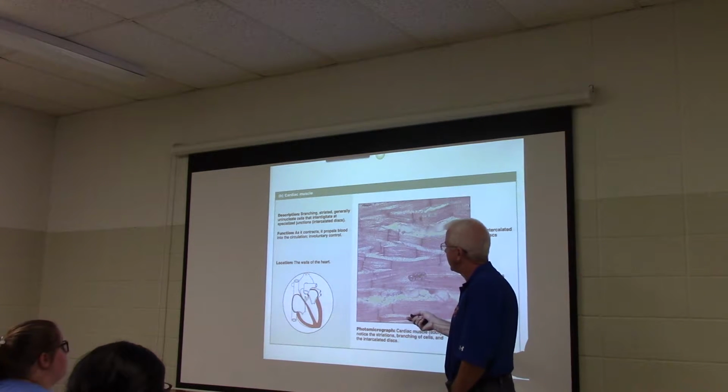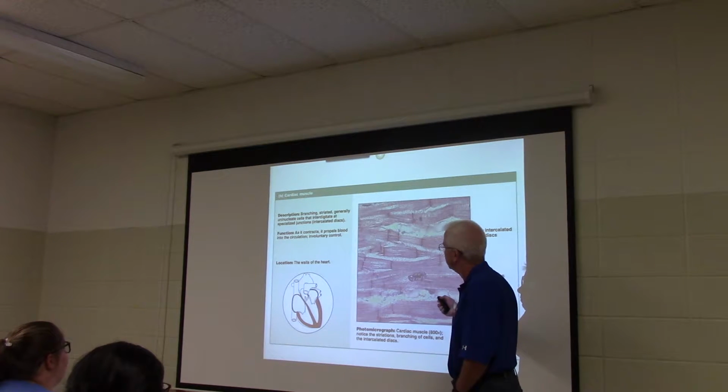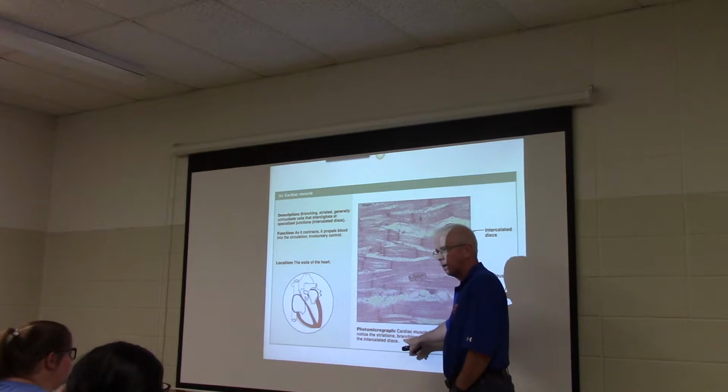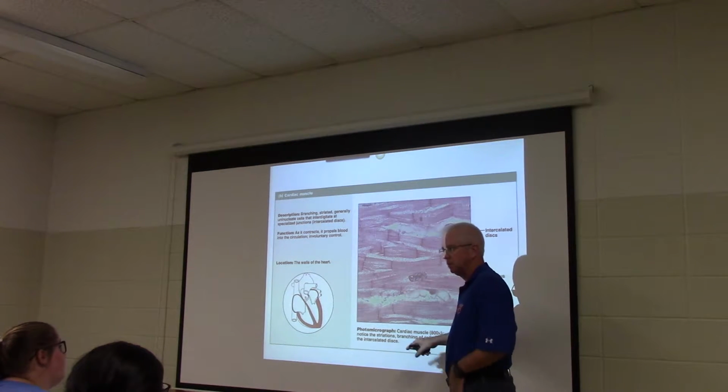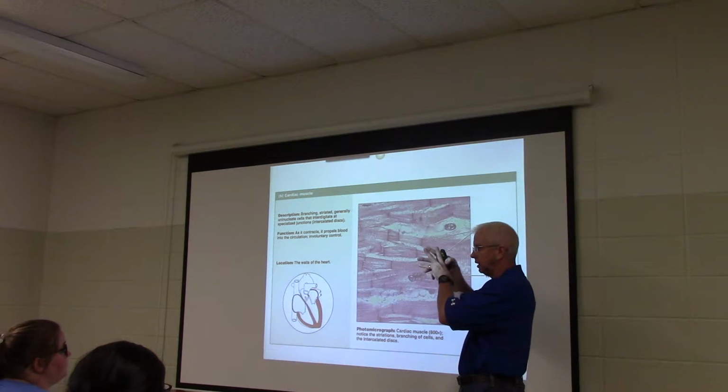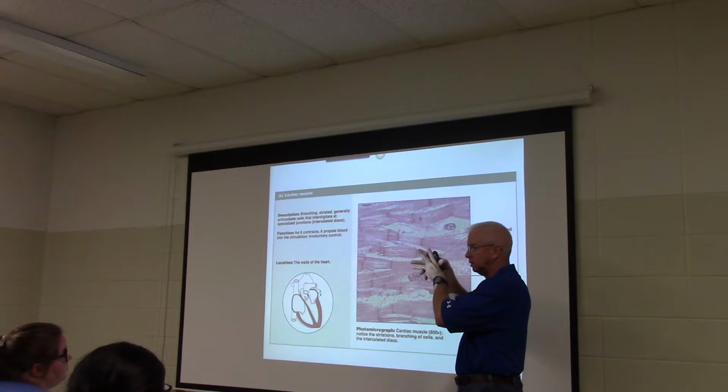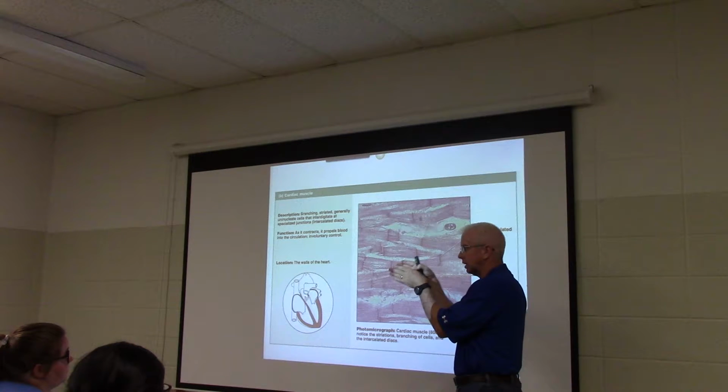It comes out in an anatomy description, whenever you see these things described for cardiac muscle, as branching. It's just described as branching here. Cardiac muscle cells are like this. Skeletal muscle cells are like this.